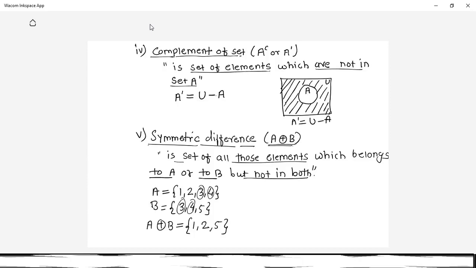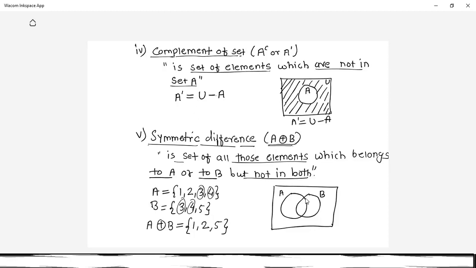If I want to represent symmetric difference using the Venn diagram, how can I represent it? Take the two sets A and B. We should exclude the common elements between the two sets.